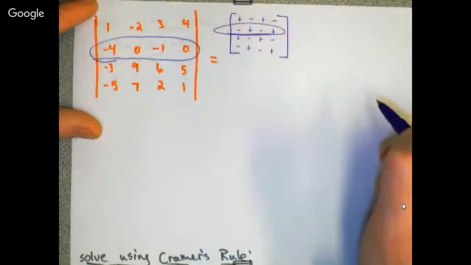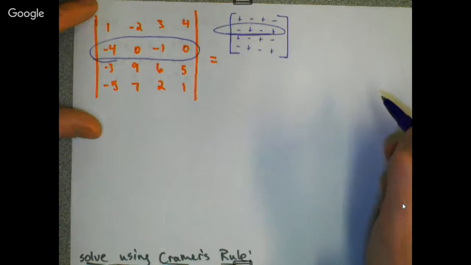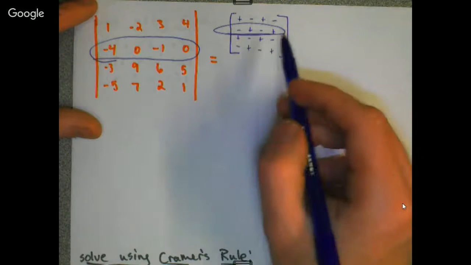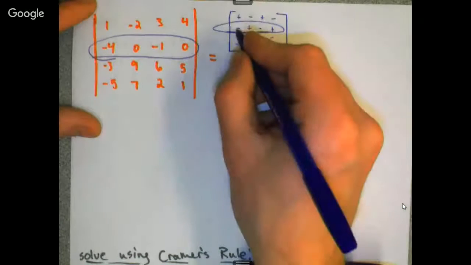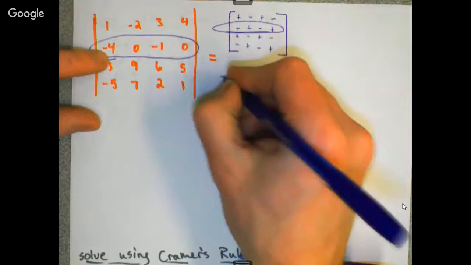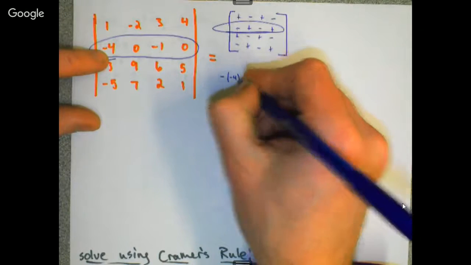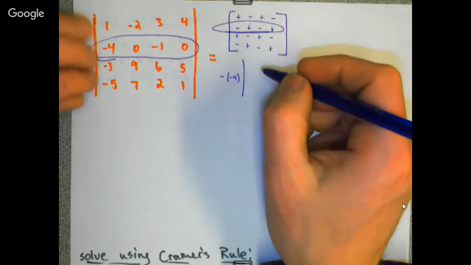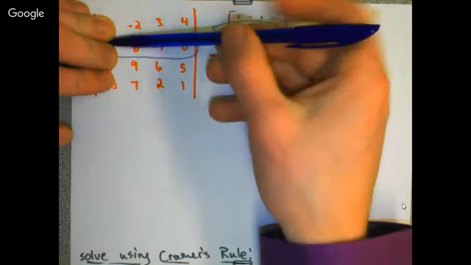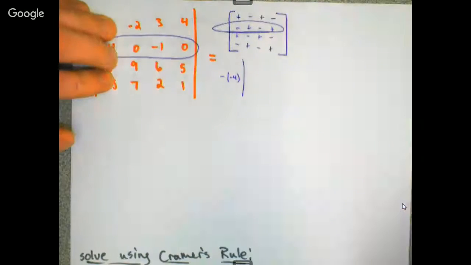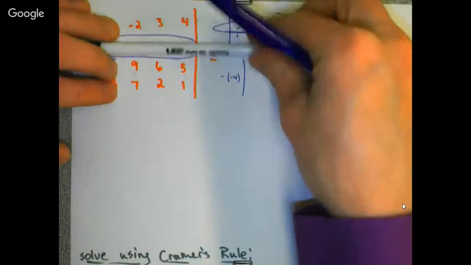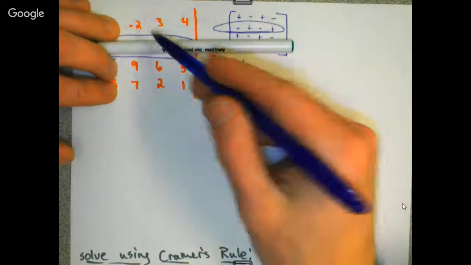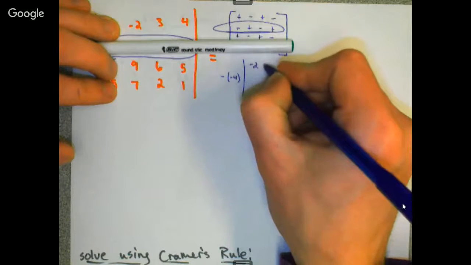So that kind of tells us the signs of our leading coefficients. So we start with a -4. So minus -4. And then we'll have a 3 by 3 determinant. So we cover up the row and the column that number is in. So we cover up all those numbers, and I should have a 3 by 3 right there.